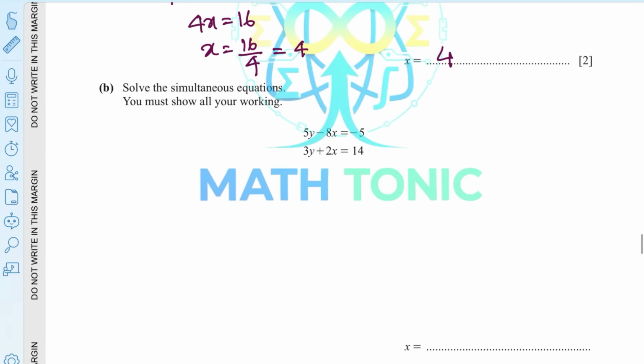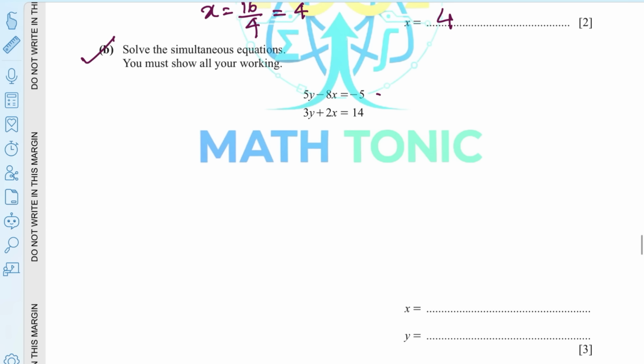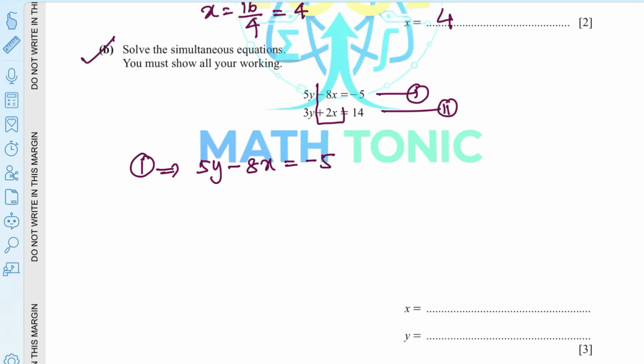Next, 16b, solve this simultaneous equation. Now here we have two equations. A simultaneous equation can be solved in a very easy way, called the elimination method. Now for the first equation, I'm keeping it exactly the same, 5y minus 8x equals minus 5. I'm trying to make the x terms equal.